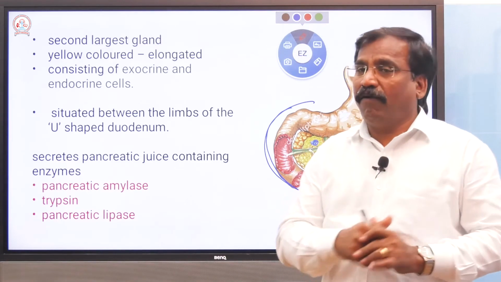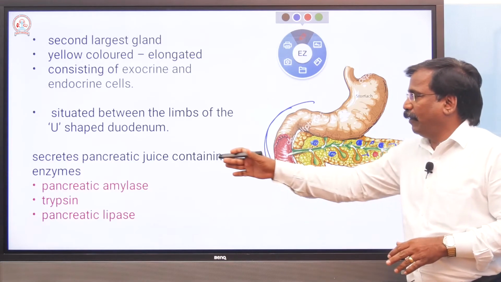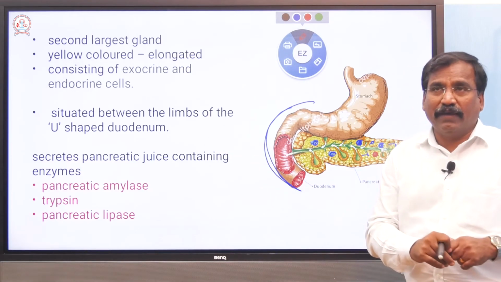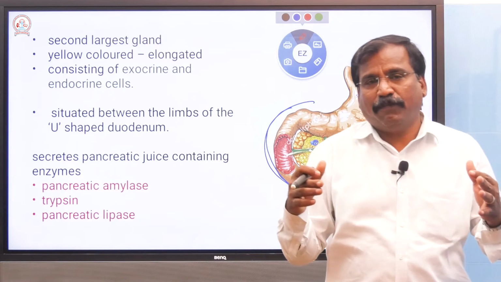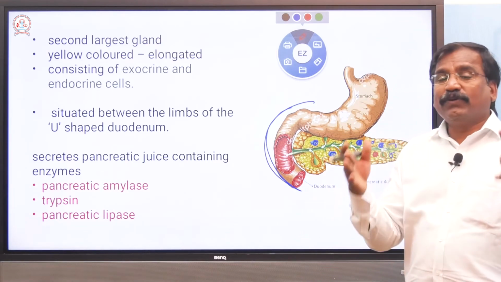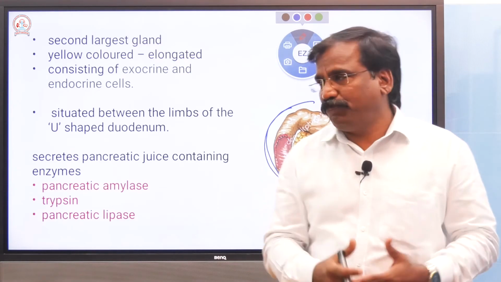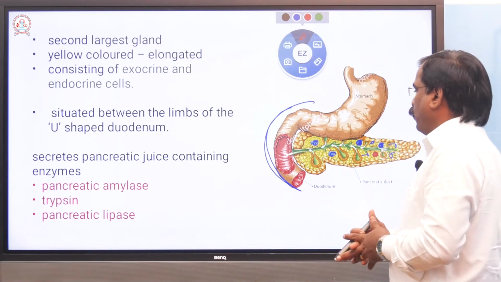They produce hormones, that we will discuss later. The pancreas, the second largest exocrine gland, secretes the pancreatic juice.